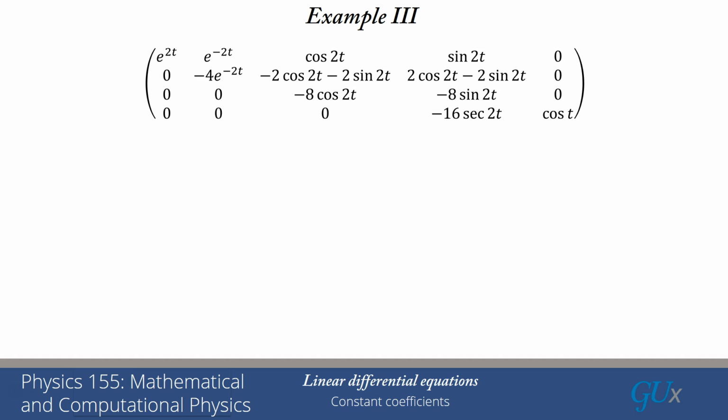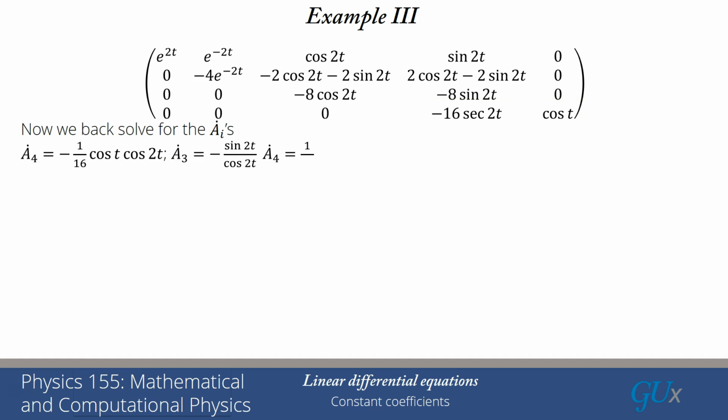Okay, so here's where we are. Now, to do the back solve, we'll start with the fourth equation. The fourth equation just says minus 16 secant 2t equals cosine t. So that gives me A4 dot equals minus 1/16 cosine t cosine 2t.